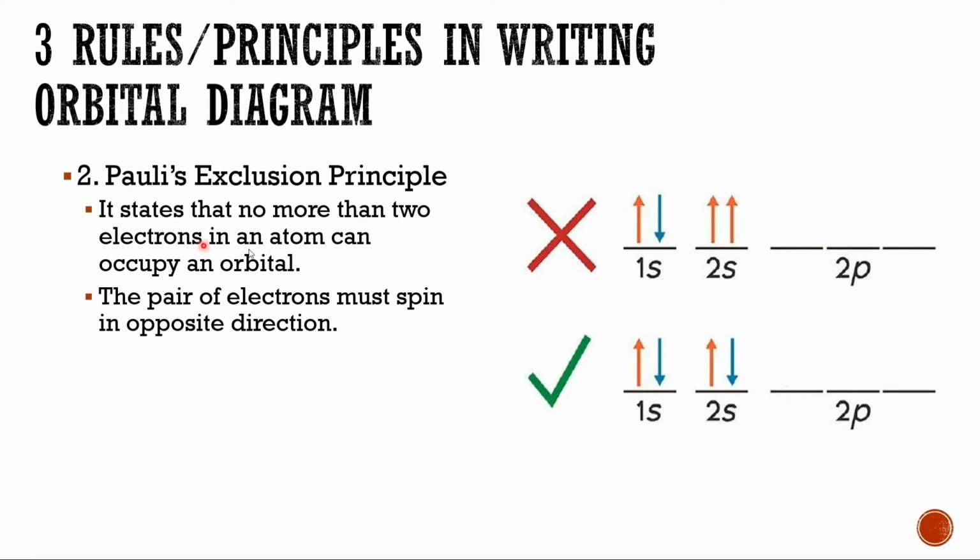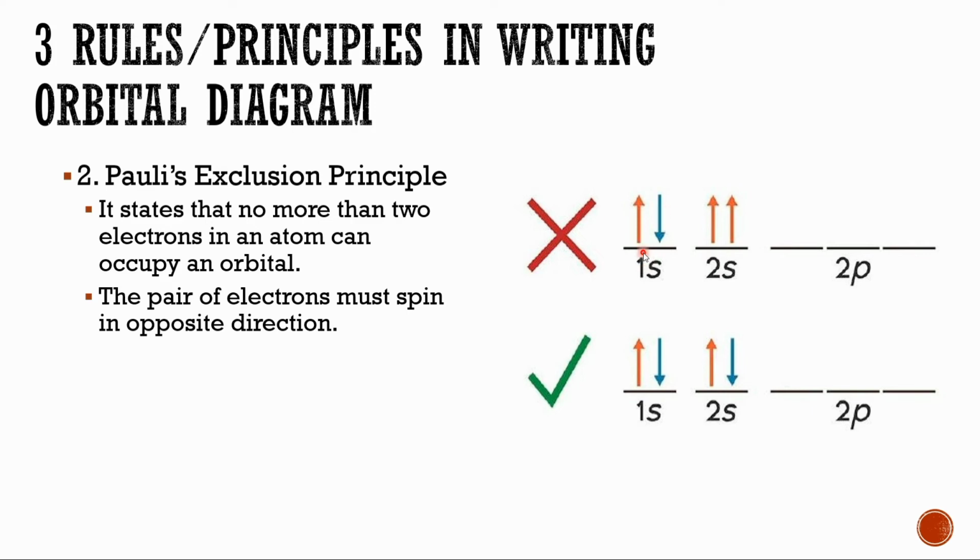Ibig sabihin hanggang 2 lang po. At ang electron dapat sa isang orbital ay opposite po yung direction nila. It's either down and up or up and down. Kahit ano po doon. Parehas lang po. Basta opposite po ang direction. Hindi po pwede yung ganito na parehas po up yung direction po ng ating electron.